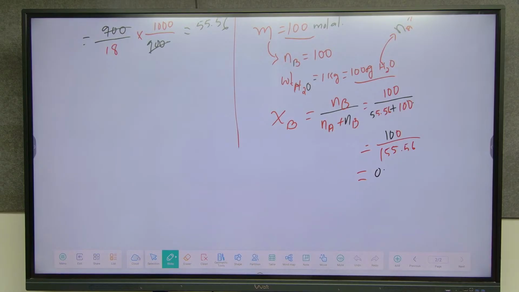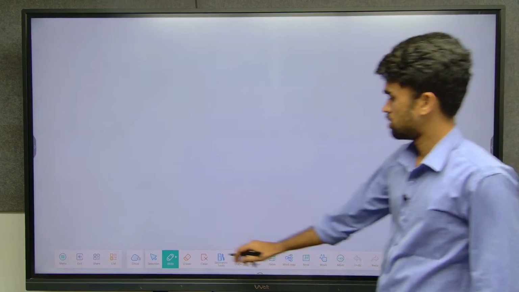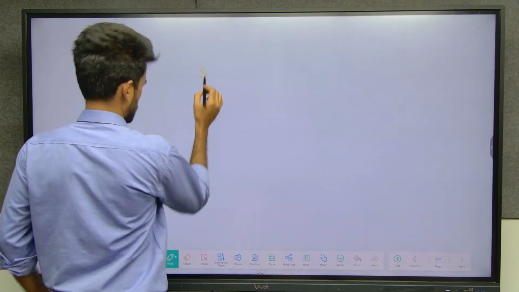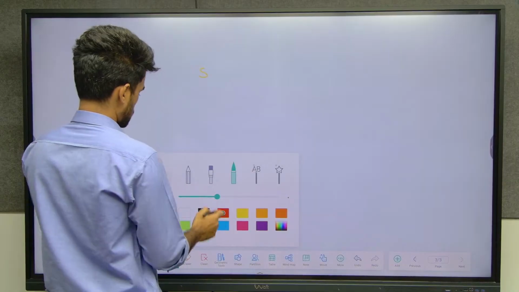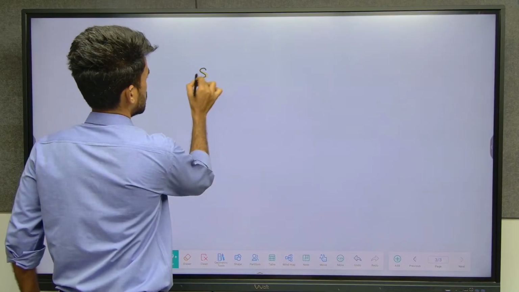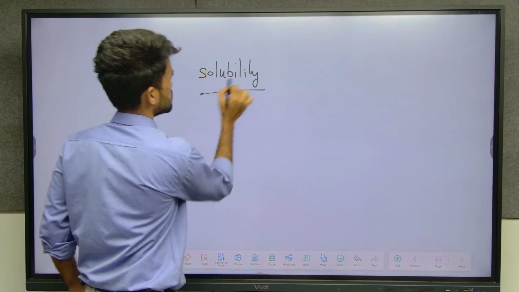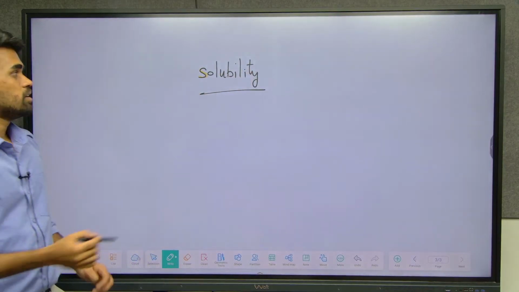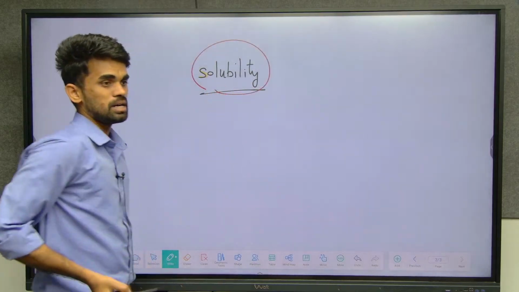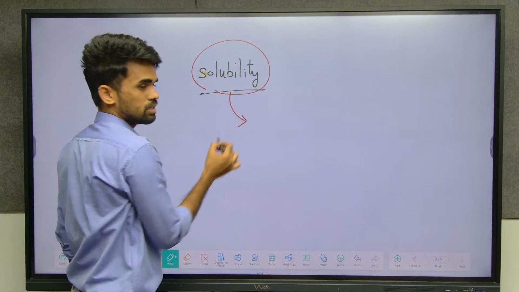Okay, the next one. So what is the next term I am saying? Solubility. See, what is the next term I am saying? Solubility. So what do we mean by solubility?